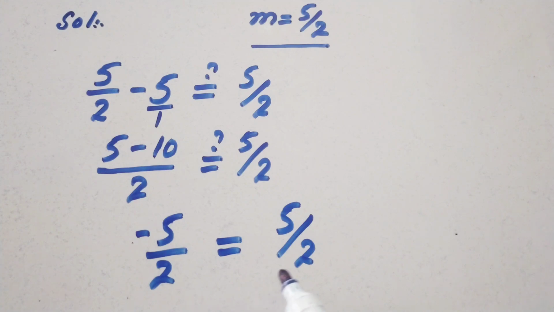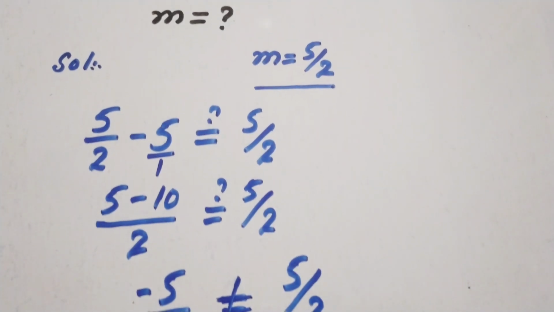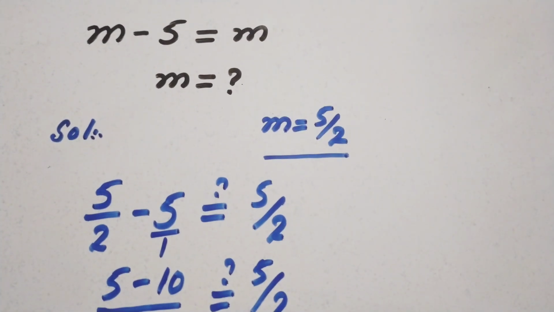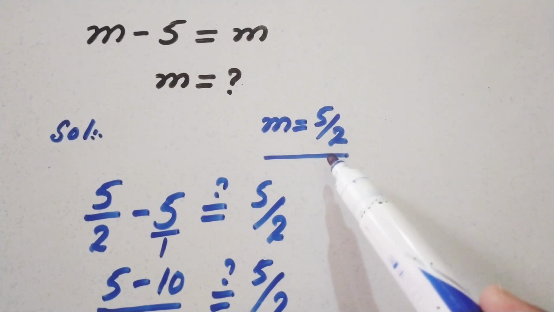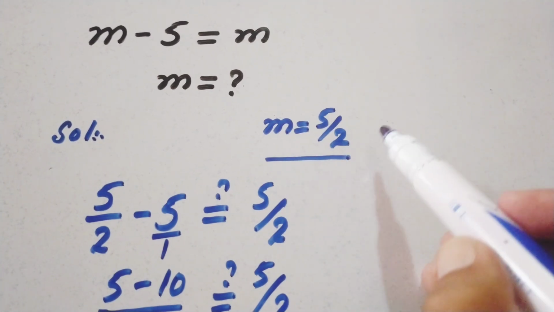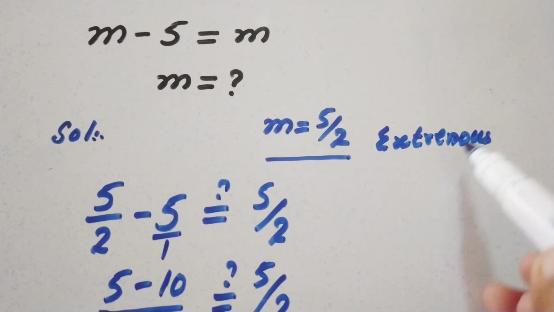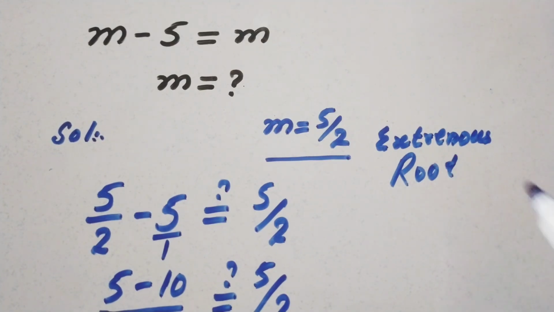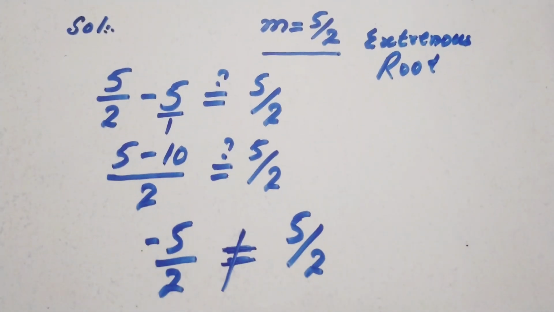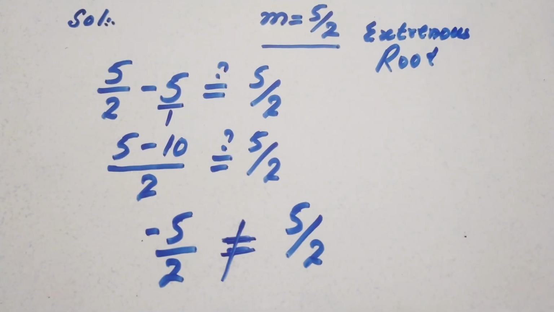It is clear that at the right hand side we have 5 divided by 2 with positive sign, and at the left hand side we have 5 divided by 2 with negative sign. So minus 5 by 2 is not equal to 5 by 2. Hence the value m is equal to 5 by 2, which we found, is an extraneous root, because it is not possible that minus 5 by 2 is equal to 5 by 2.